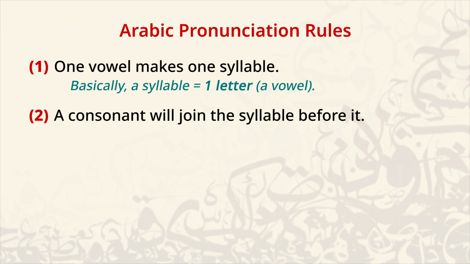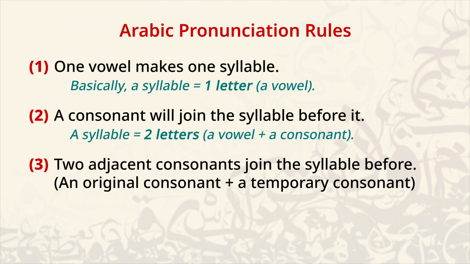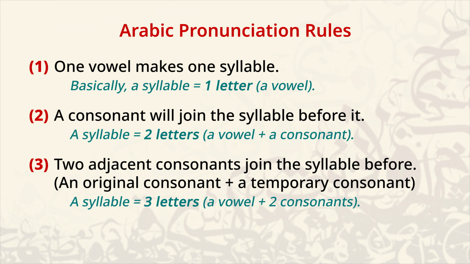And in this case, we will see one syllable that contains two letters. Finally, whenever a noun ends with a temporary consonant and the letter before is originally consonant, both of them follow the vowel before in one syllable. And this is a case in which we see three letters in one syllable.